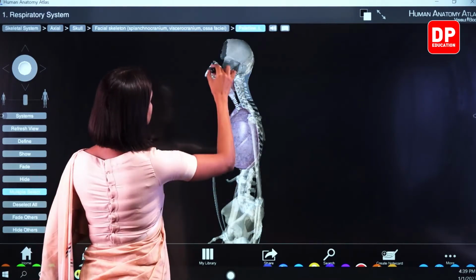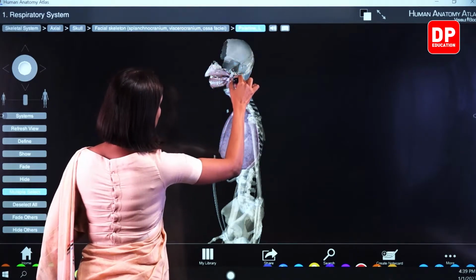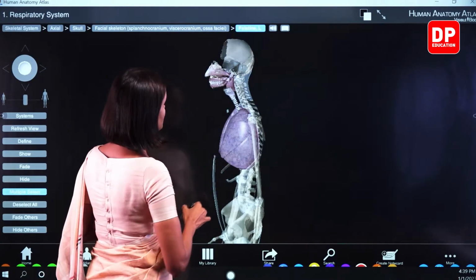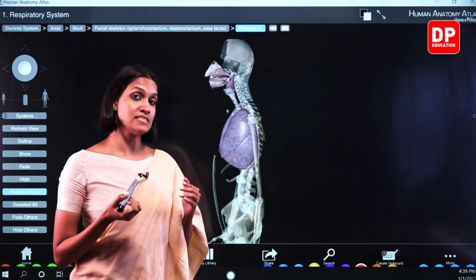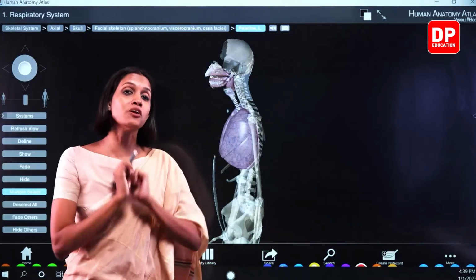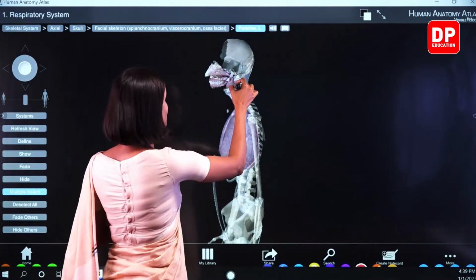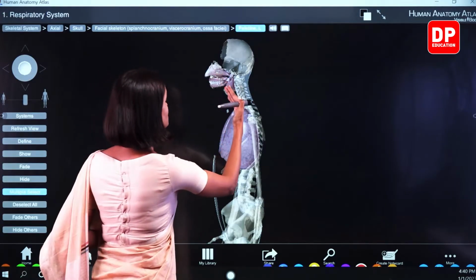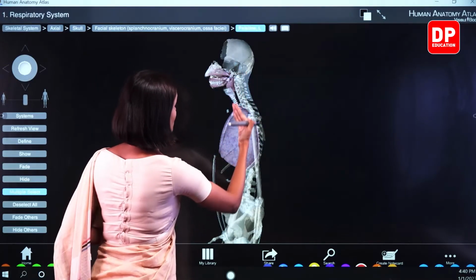If I remove these parts also, now this is the nasal cavity. From the nasal cavity, this tubular structure starts. I told you that the digestive tract and the respiratory tract begin from the pharynx. So this is the pharynx area. The digestive tract, the esophagus, is present just behind this respiratory tract.